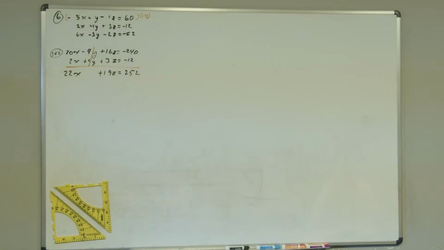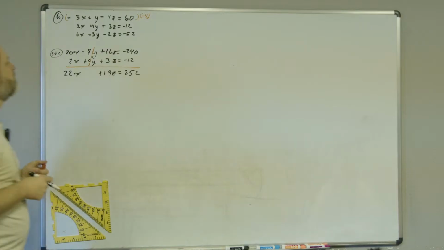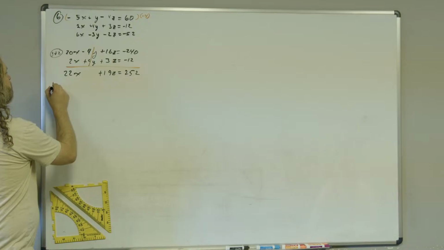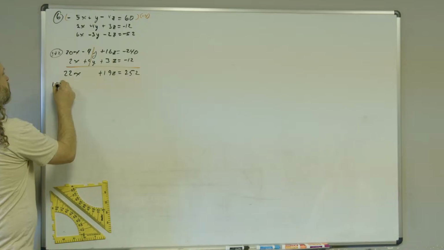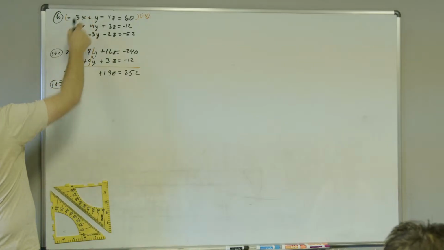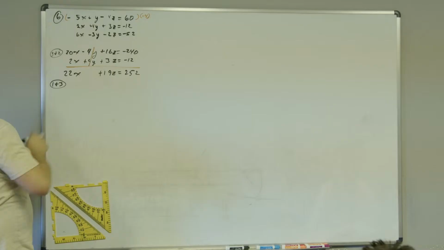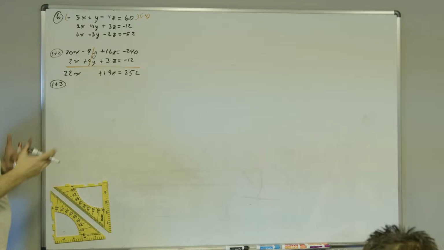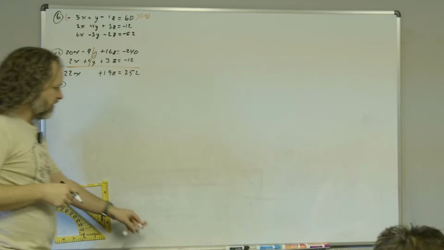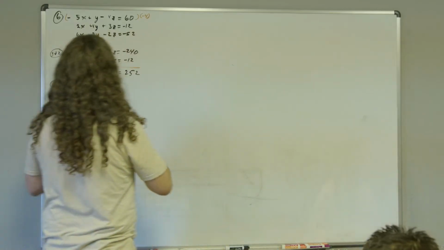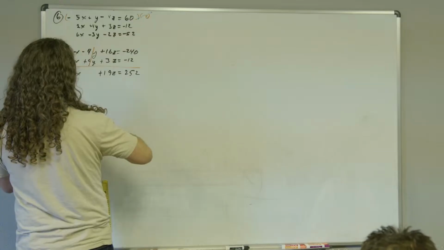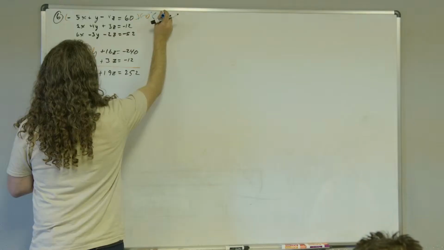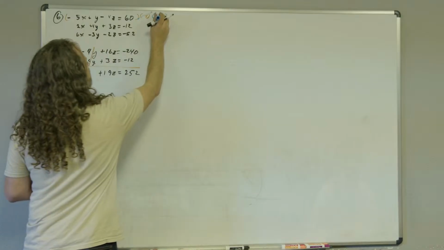What should we do now? 1 and 3. 1 and 3 looks good. Because this one's just a y, right? That's why we're doing that one, because we only have to multiply times one thing. So this is done with. What are we going to multiply this one times now? Positive 3, right?